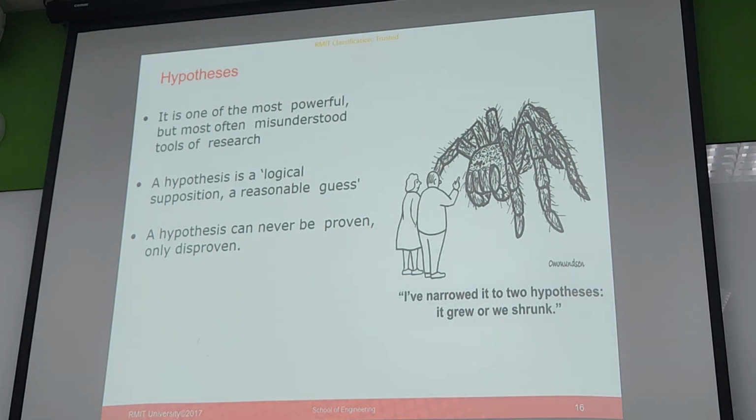It's an assumption of the conclusion of the research. The assumption, you call it hypothesis. Assumption means hypothesis, and the result of the experiment is theory. This is the difference.